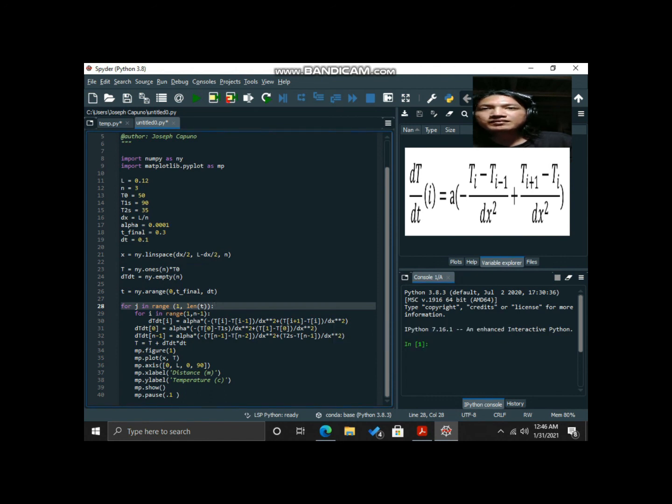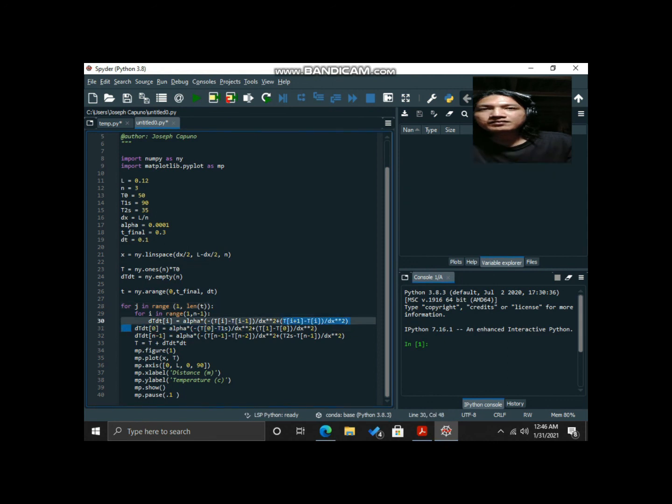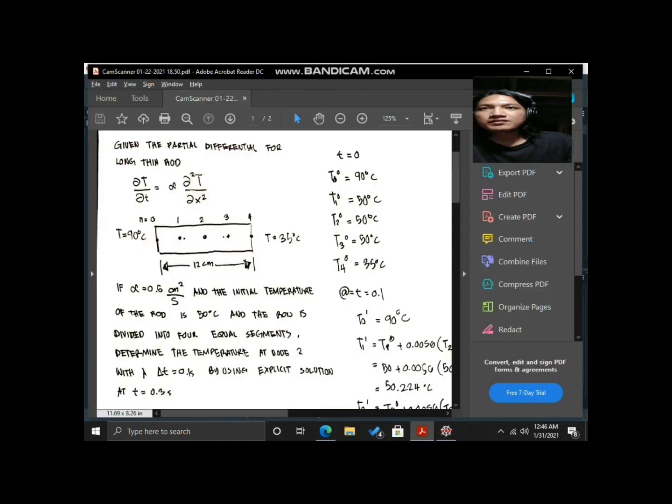Tapos ito namang part na to is yung boundary mo. So dT over dt simula sa 0, ibig sabihin simula siya dito kasi dito yung boundary mo, diba?